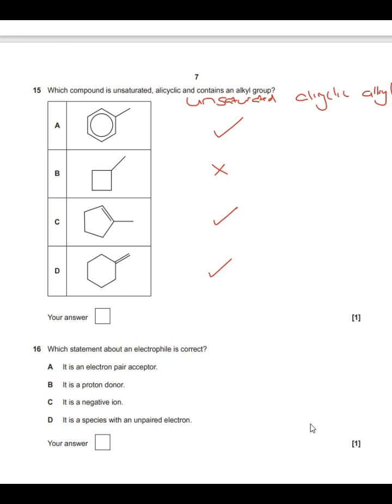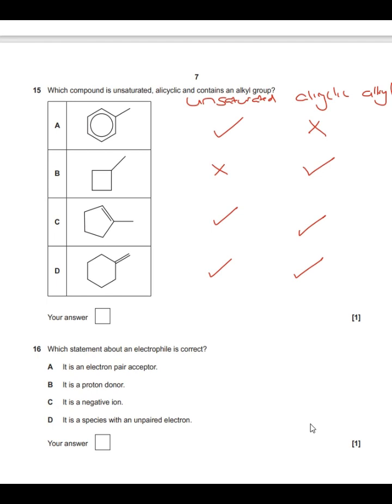Alicyclic means it has a ring structure that is not aromatic. A benzene ring is aromatic, so it's not going to be A. Then we have a ring structure there, so we've ruled out A. Lastly, we've got to look for an alkyl group.